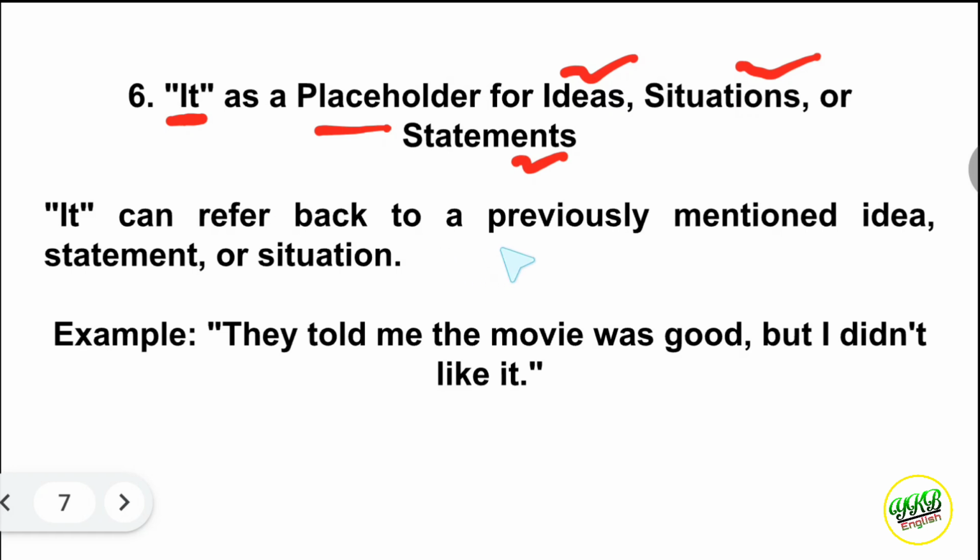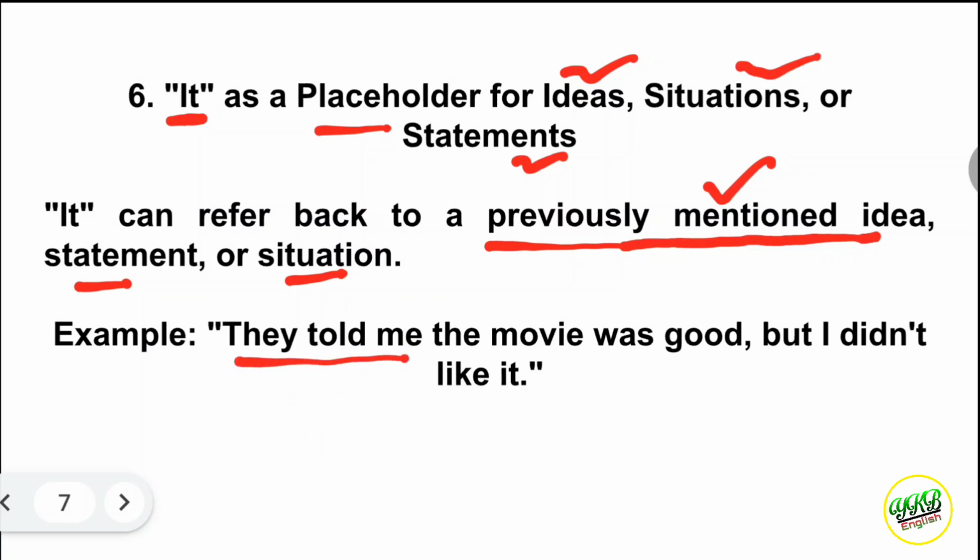It can refer back to a previously mentioned idea, statement or situation. Let's see with an example. "They told me the movie was good, but I didn't like it."